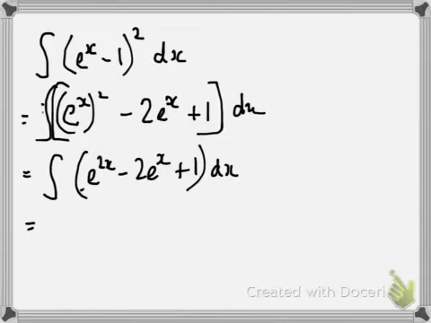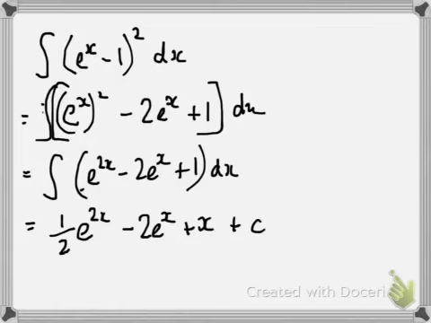So the integral of e to the power of 2x, okay, so it's 1 over the coefficient of x, e to the power of 2x, minus, okay, so the integral of negative 2e to the power of x is just negative 2e to the power of x. Integral of 1 is plus x. Okay, be careful there. You can start getting derivatives again and make it 0, which would be wrong. So the integral of plus 1 is plus 1x. Okay, and then it's plus c. And there's our answer.